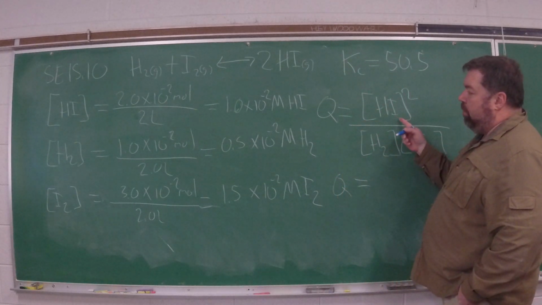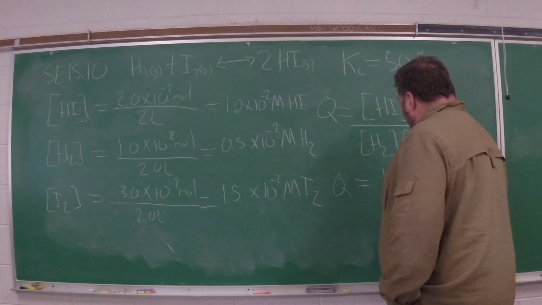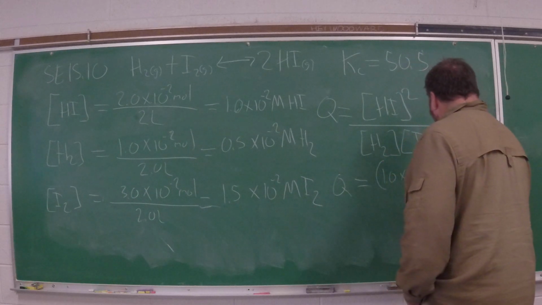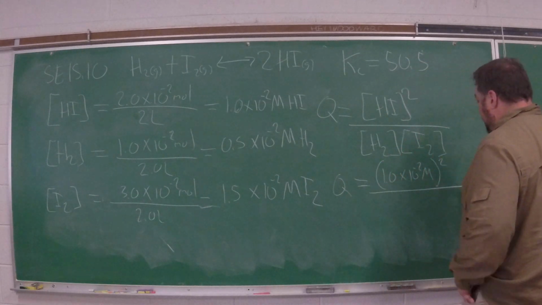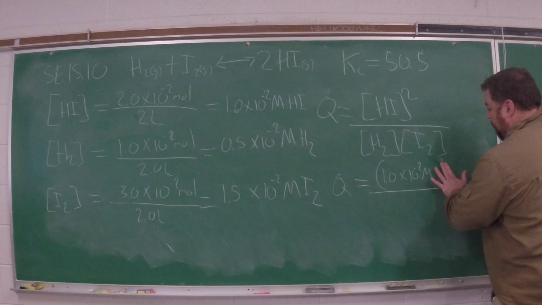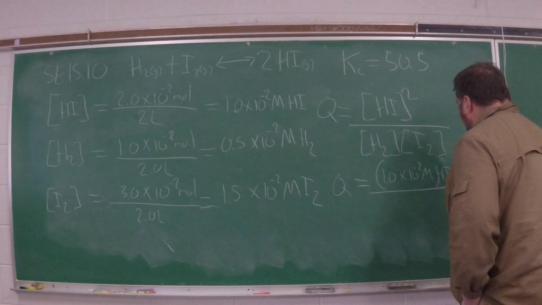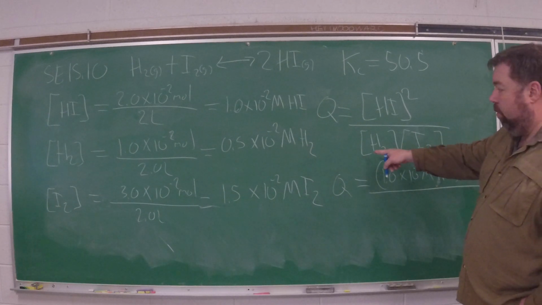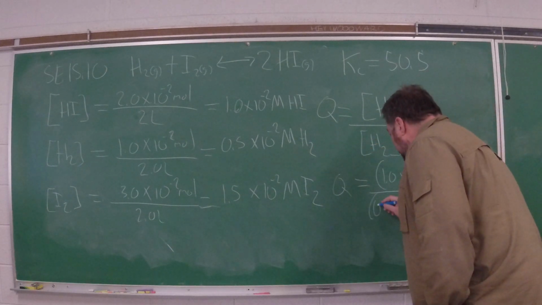So concentration, molarity of HI, 1.0 times 10 to the minus 2 molarity squared. Oops, I should put HI in there. Down here, molarity of H2, which is right there.